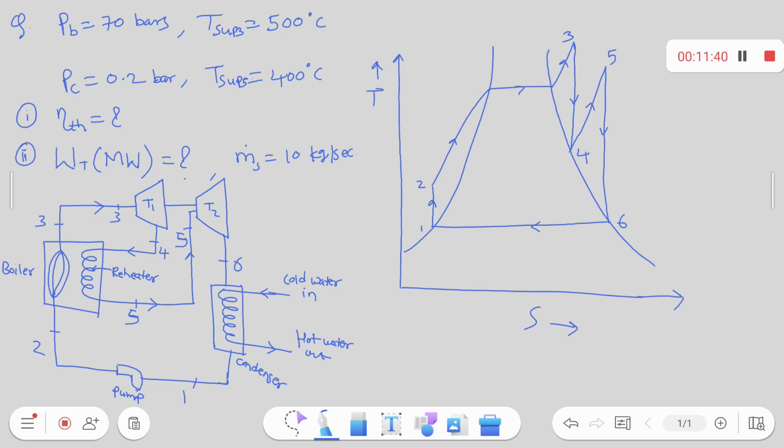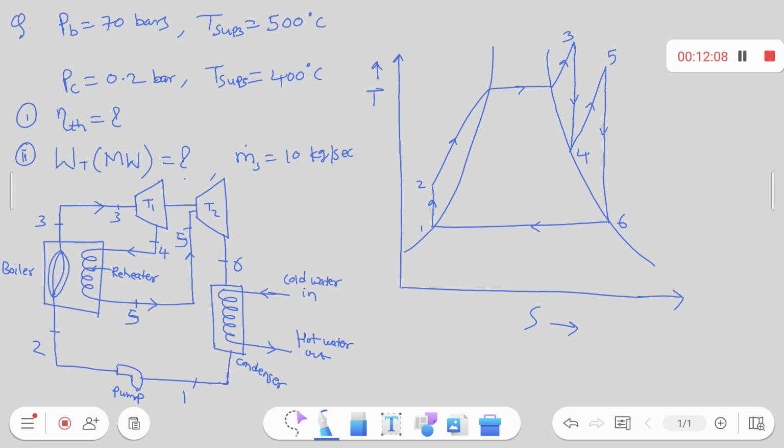Thermal efficiency. What is the formula for thermal efficiency? Efficiency is output over input.